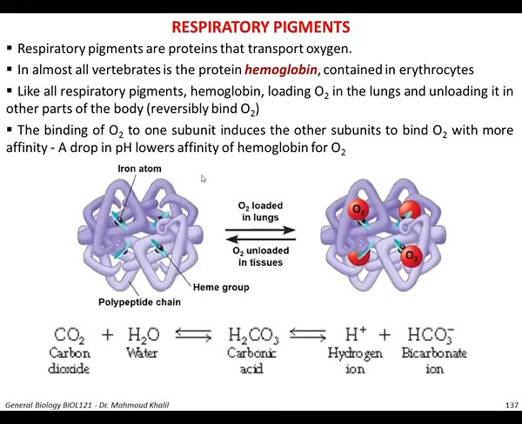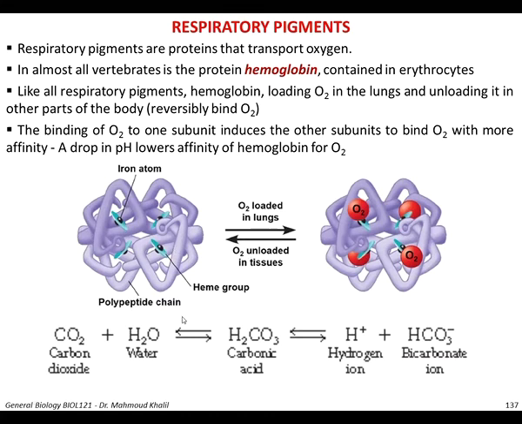As you can see here, this is the 3D structure of the hemoglobin. You can see that it consists of 4 identical units, with 4 regions of heme group or iron. These 4 polypeptide chains load oxygen in the lungs, as you can see, and unload oxygen in the tissues.